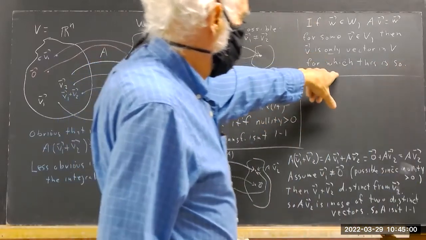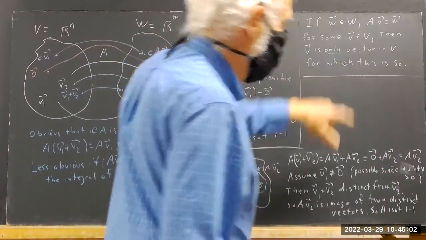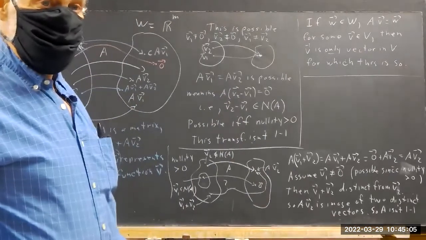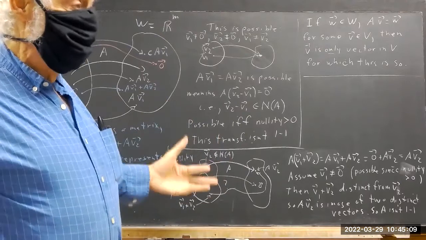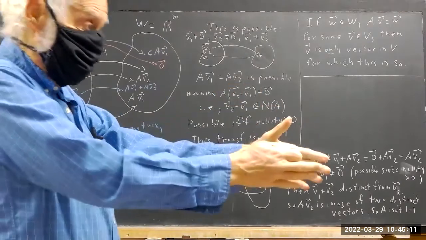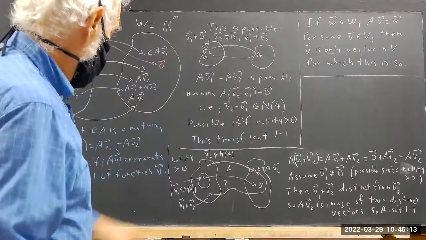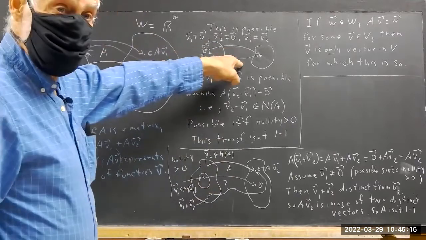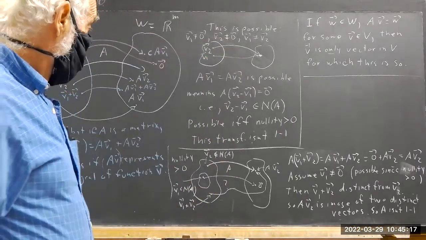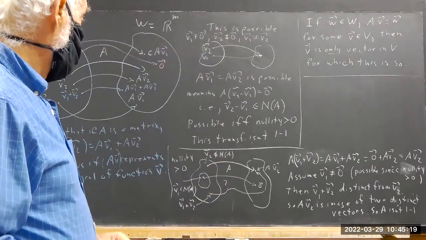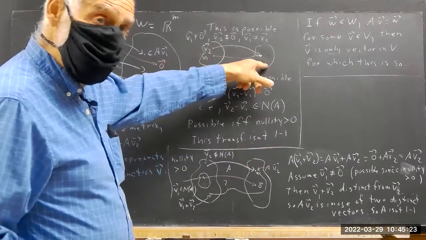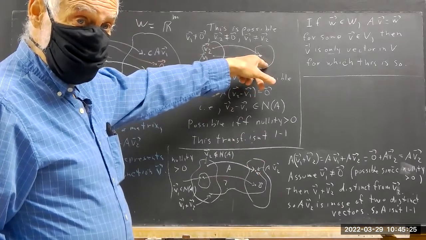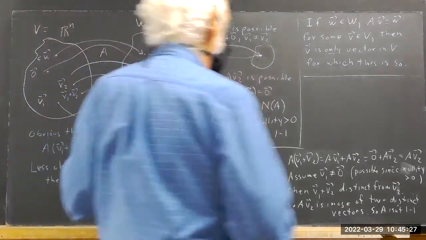I'll say V is the only vector in the vector space V for which this is so. This is saying there's no two vectors in V that map onto the same vector in W. That you don't have this. I mentioned this transformation isn't one-to-one. That's the case that makes it not one-to-one. Okay.